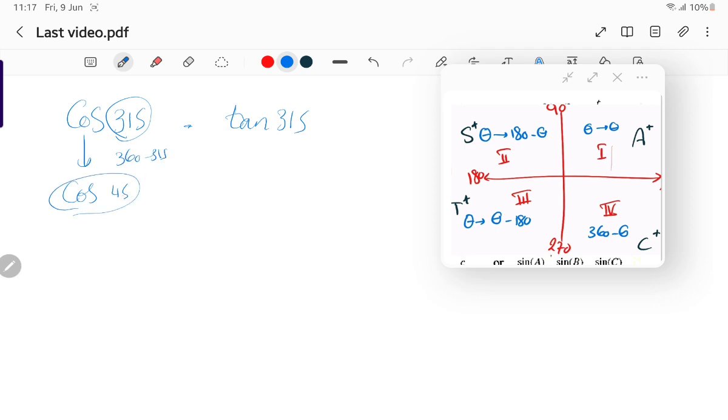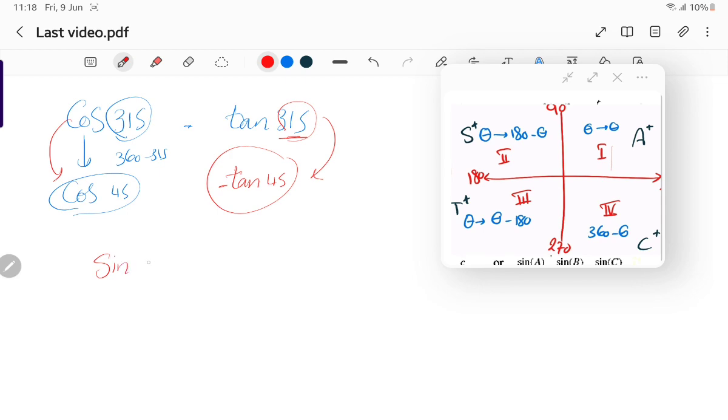So your answer is 45. But for tan 315 in the fourth quadrant, tan is not positive, so the answer is negative tan 45. Cosine is cosine 45. Can you try this?